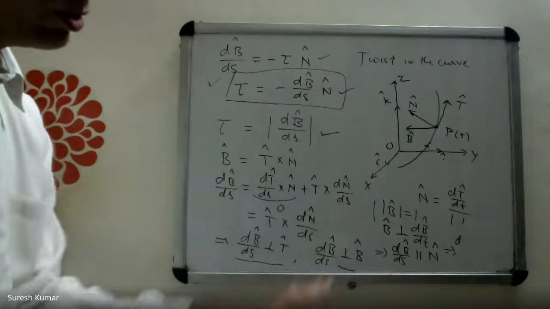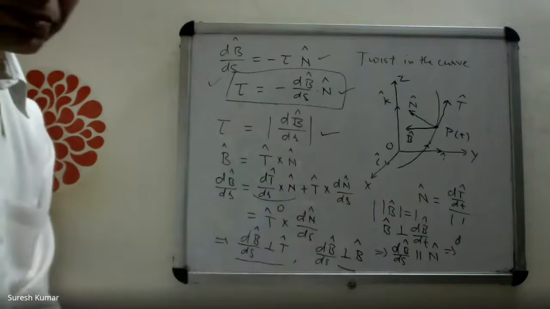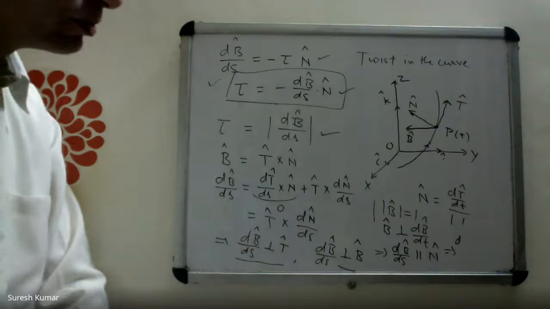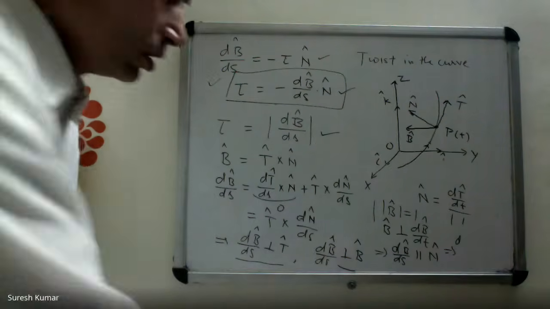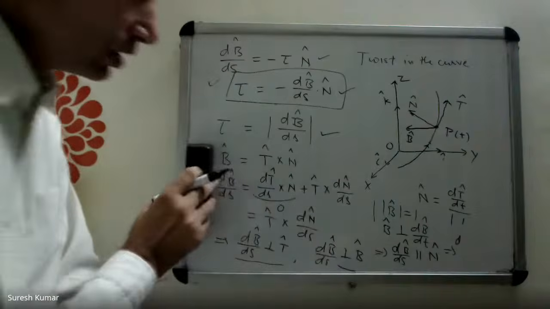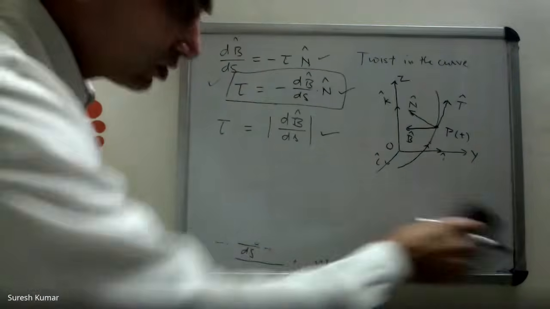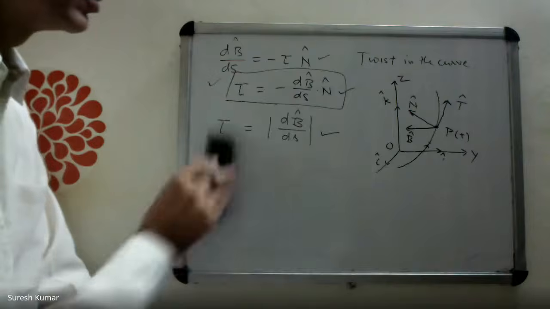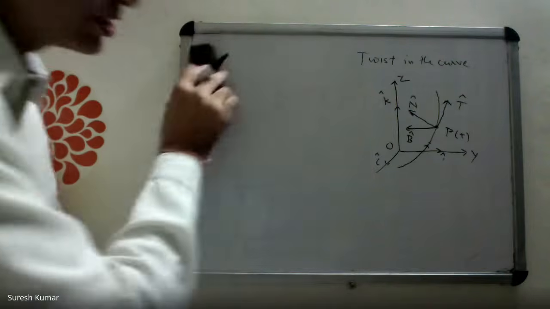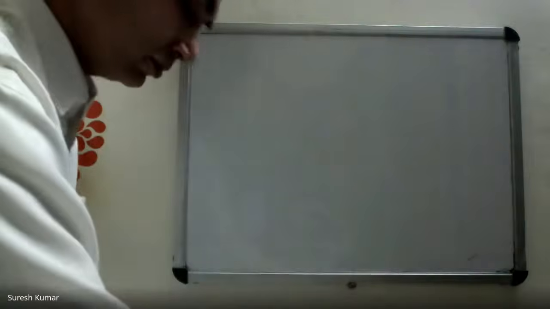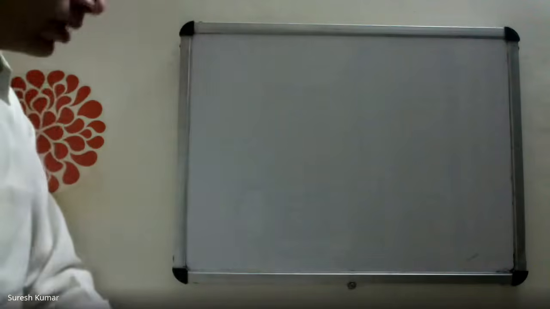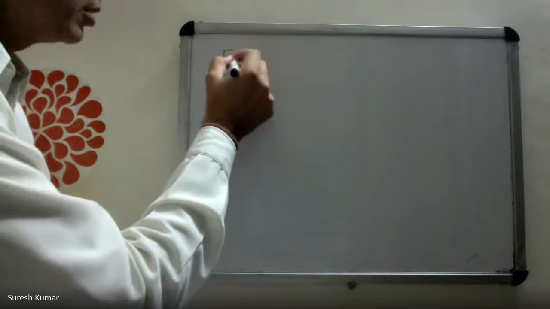Okay, now we will do problems based on curvature, torsion, and let's see whether these really give the interpreted meaning or not. See some examples, then we'll understand very clearly. I'm writing the first example.